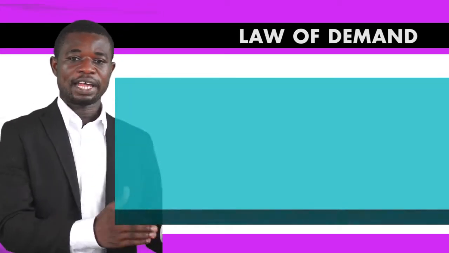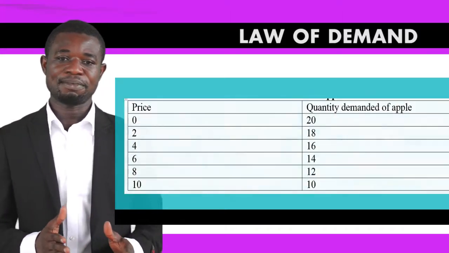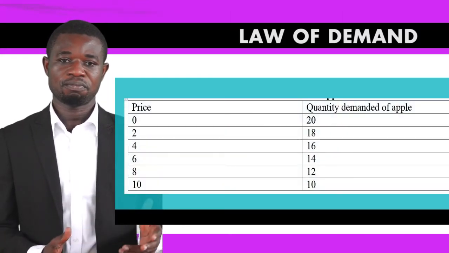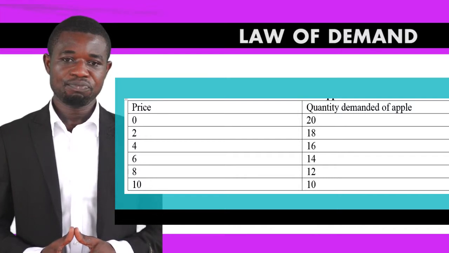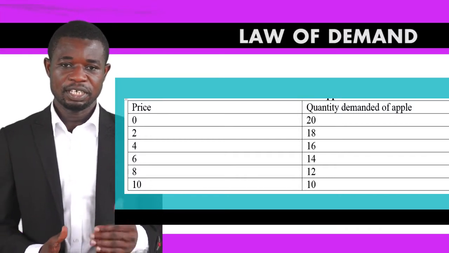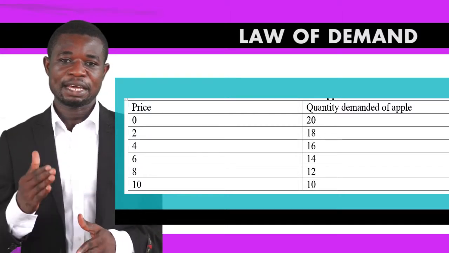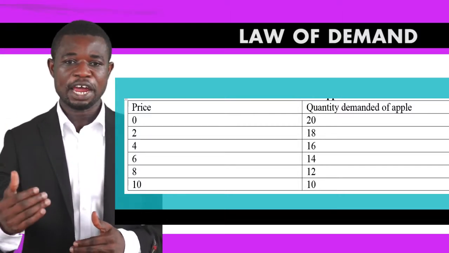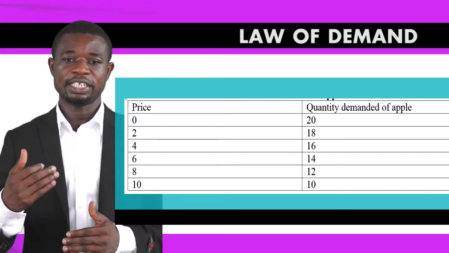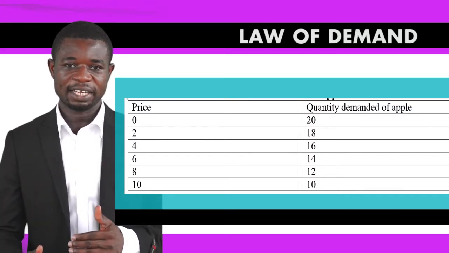So you can look at the demand schedule displayed on your screen. Look at the orderly arrangement of it. You will realize that the price started from 0, increased to 2, increased to 4, in that order.